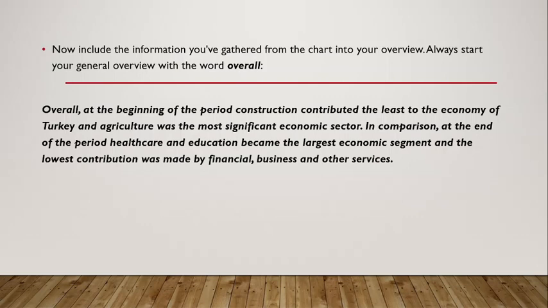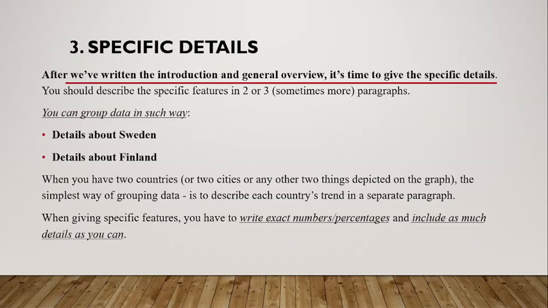And here, guys, you can see the example of how I wrote this overview. Right now you can stop this video and read it fluently. Now let's talk about specific details. After we've written an introduction and general overview, it's time to give specific details. You should write details about Sweden, and you should write details about Finland.